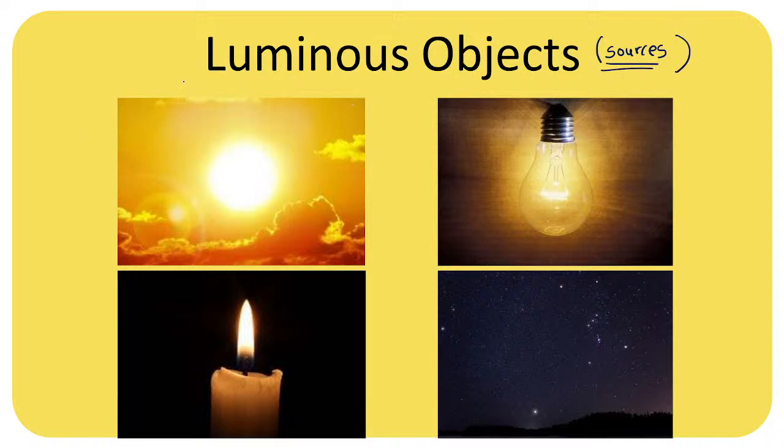We have sun, bulb, the stars, candle. All these objects we have seen just now as a source of light, both artificial and natural, can come under this group as luminous objects.